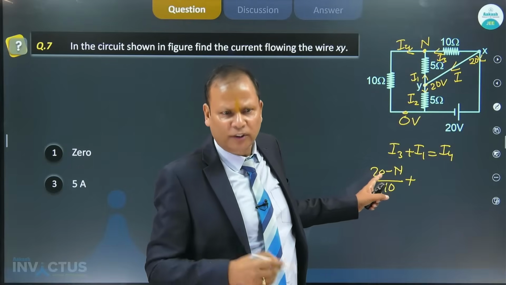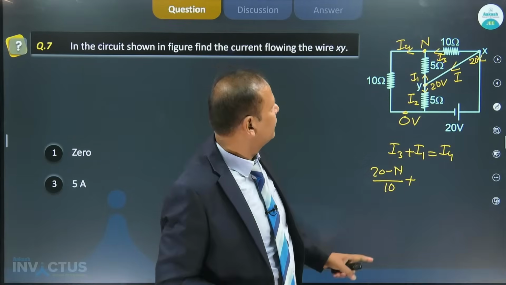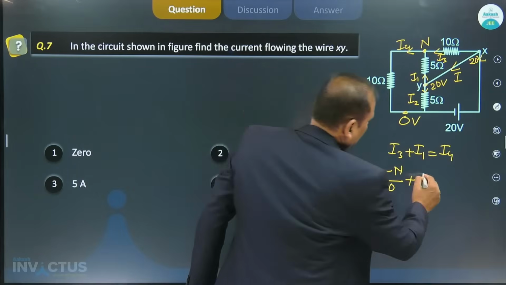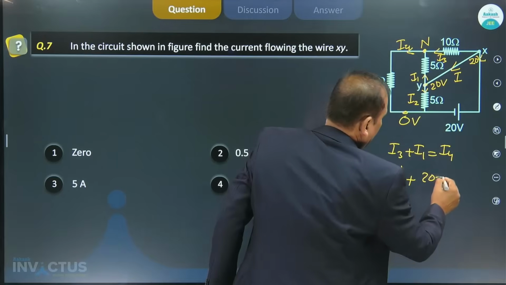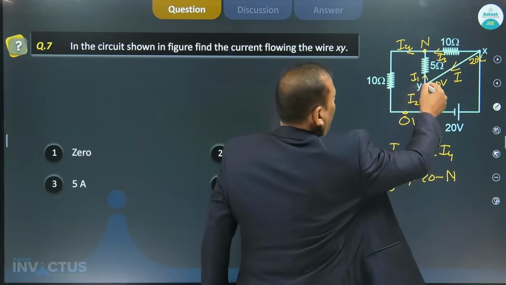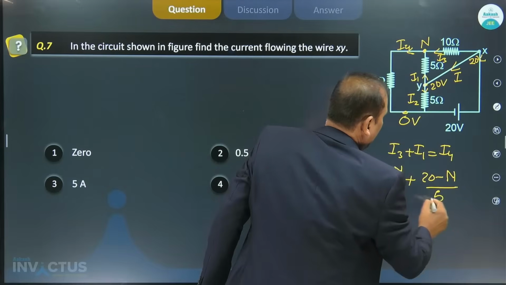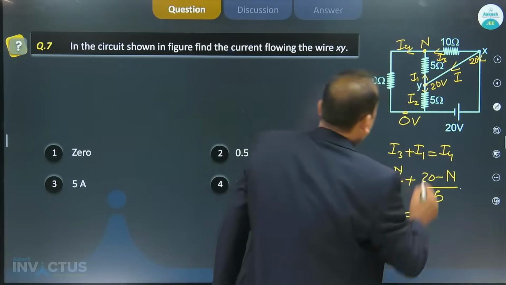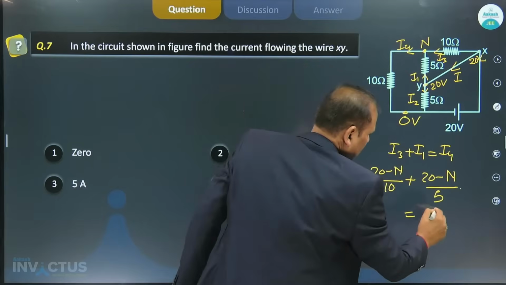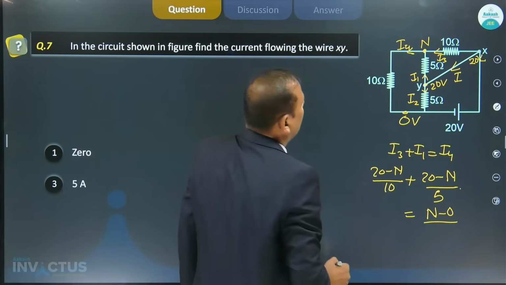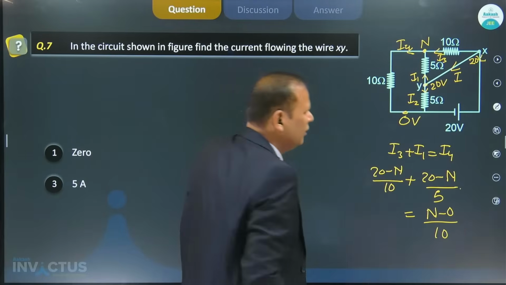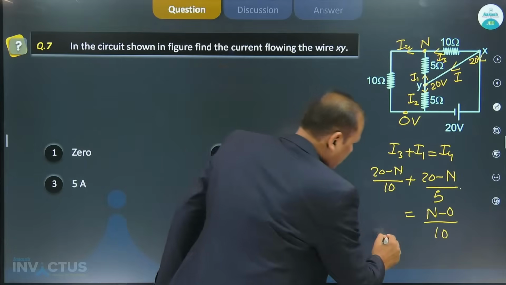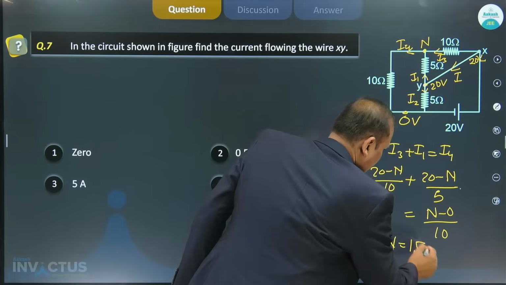Potential difference divided by resistance, that's it. So 20 minus n by 10 plus 20 minus n divided by 5 is equal to n minus 0 divided by 10. Dear student, just solve this relationship and you can get n is equal to 15.